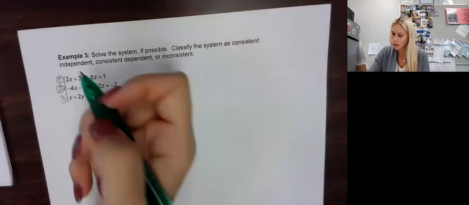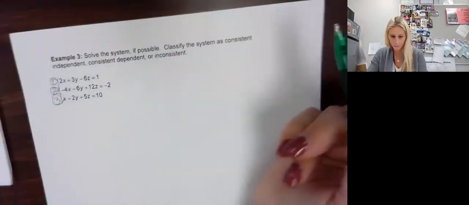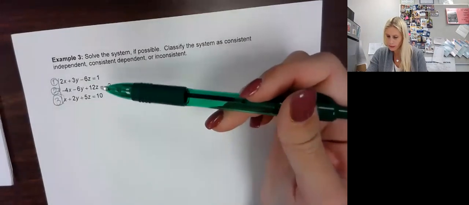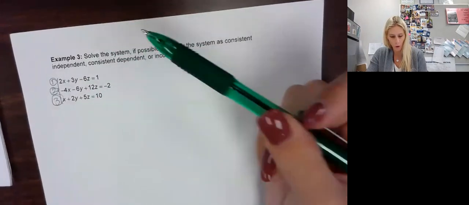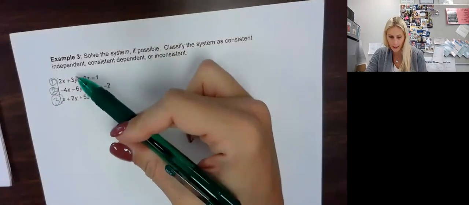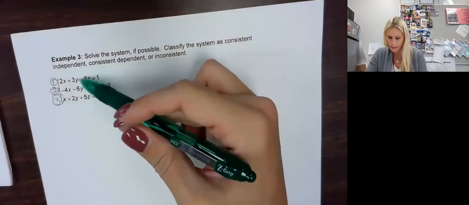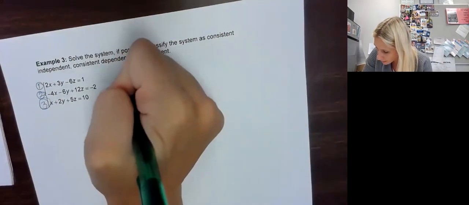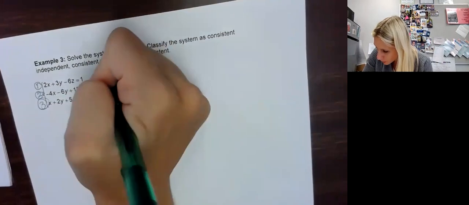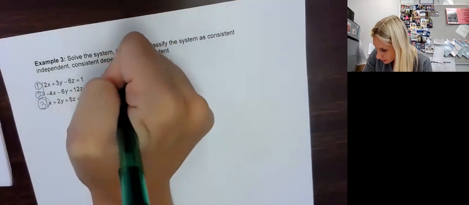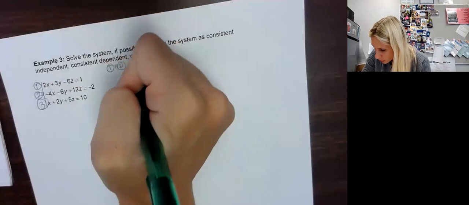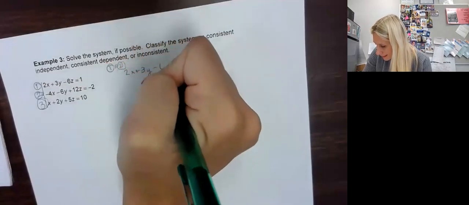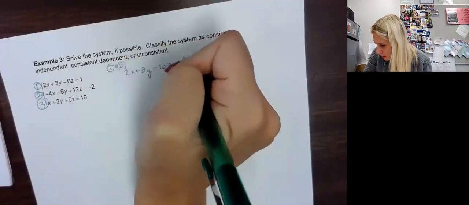All right, what looks like some good stuff to do? Well, it looks like when I did this earlier before, I decided to get rid of the y's to see what happens here. So let me do that. I get 2x, so I'm doing 1 and 2, guys. 2x plus 3y minus 6z equals 1.